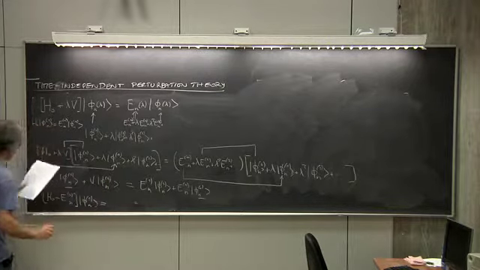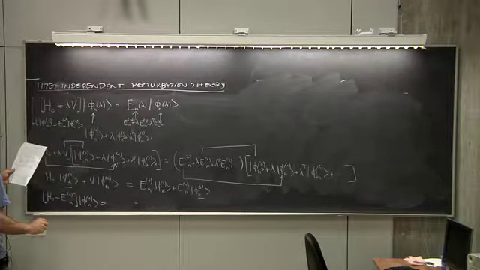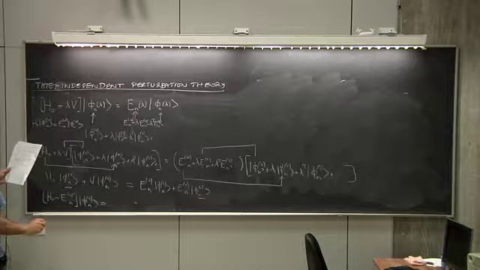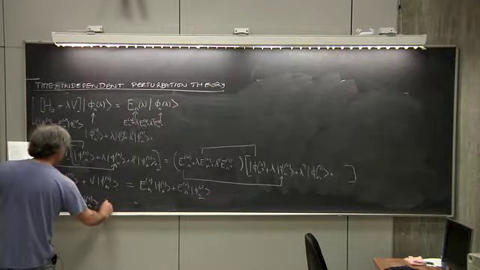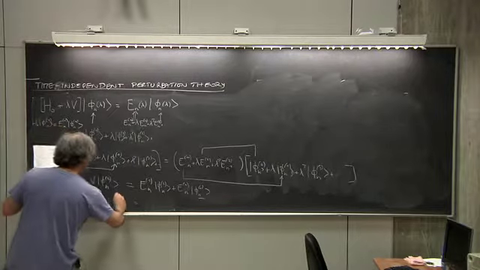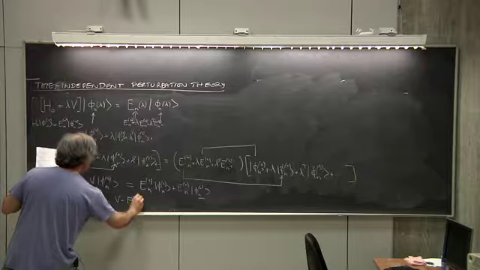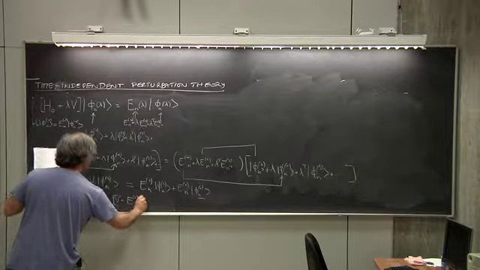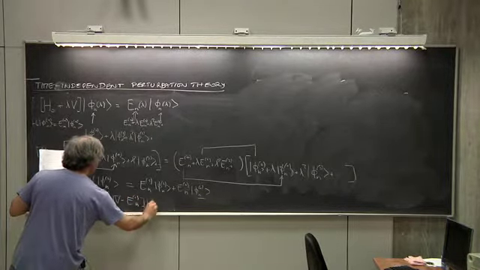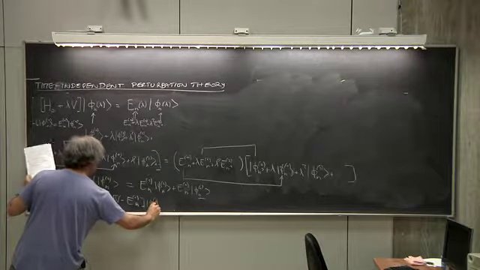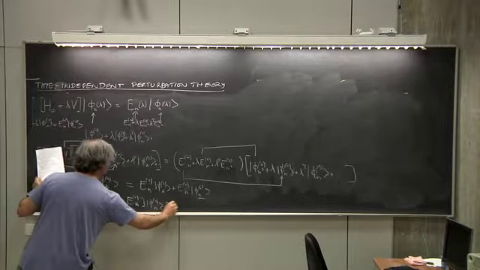This should be equal to, or rather, let me write it with the plus: plus (V minus E_1n) multiplying phi_0n should be equal to 0.